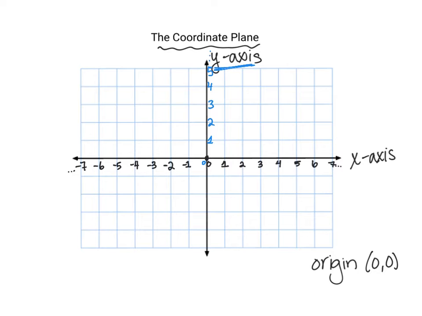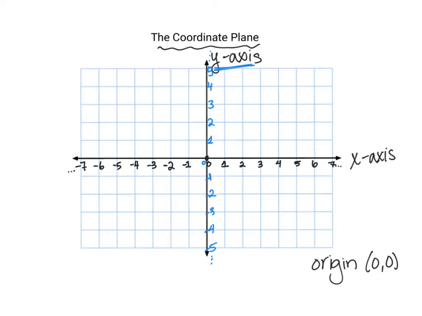And if this was larger, I could keep extending from that 5. And then moving down on my y-axis from 0, my first unit down would be a -1, then a -2, -3, -4, -5, and I could keep extending that.